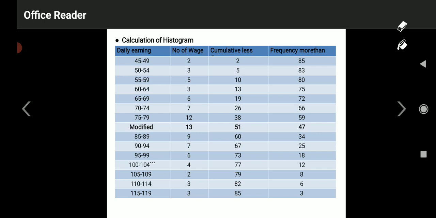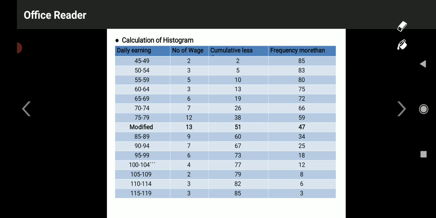The first class interval is 45 to 49. Between 45 to 49 daily earning, there are two workers, two observations are there, and 50 to 54, 3 are there, 55 to 59, 5 are there, 60 to 64, 3 are there, 65 to 69, 6 are there, 70 to 74, 7 are there, 75 to 79, 12 are there, and in the middle class, the midpoint that is missing in that table, 80 to 84.